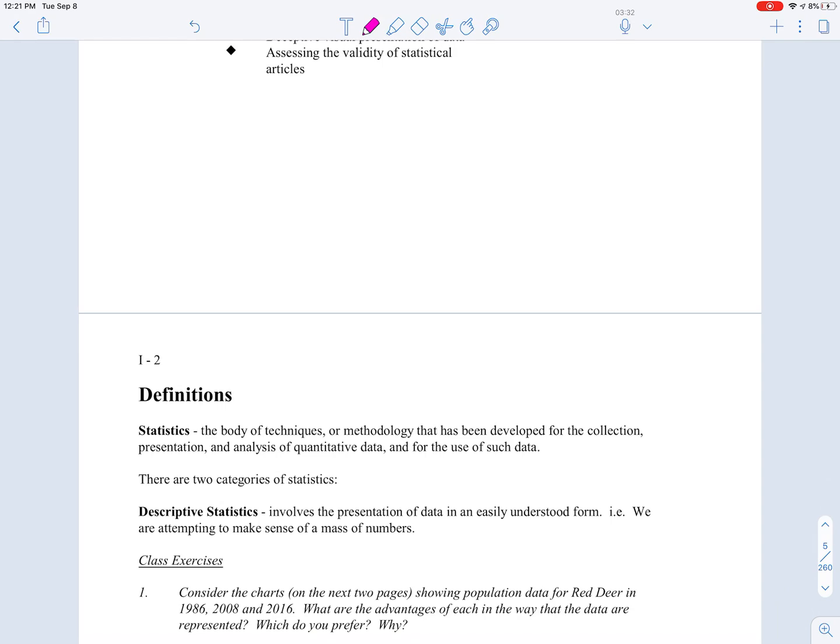What are the advantages and the disadvantages, really, of each way that the data are represented? And by the way, there's no right answer. This is really a personal preference thing. We'll see in some cases then that it might be better to represent it in a certain way. But let's take a look at them.